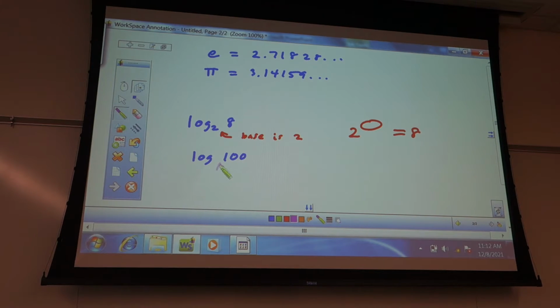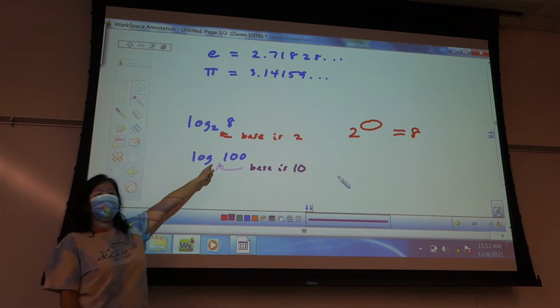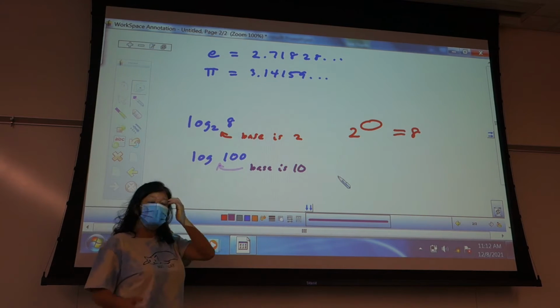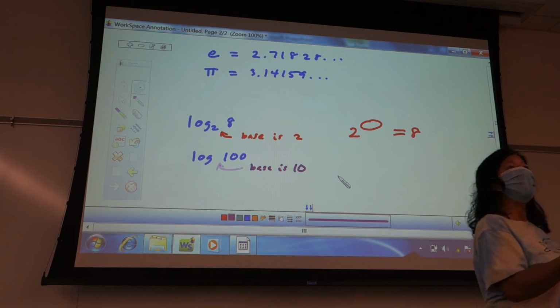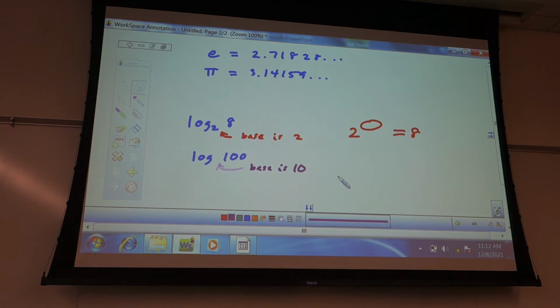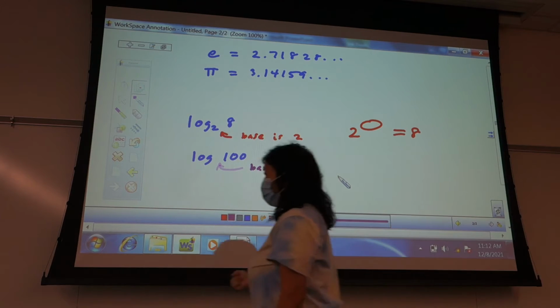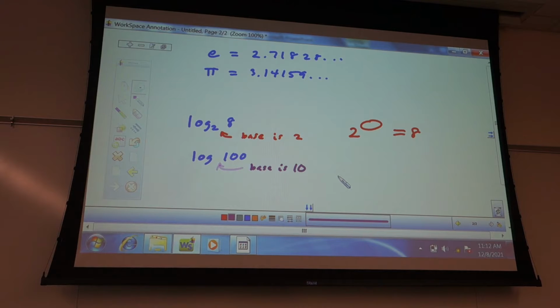This means the base is 10. If there's nothing written here, the base is 10. So the log in your calculator, that's log base 10. That's kind of the standard one we use, the one your calculator uses.